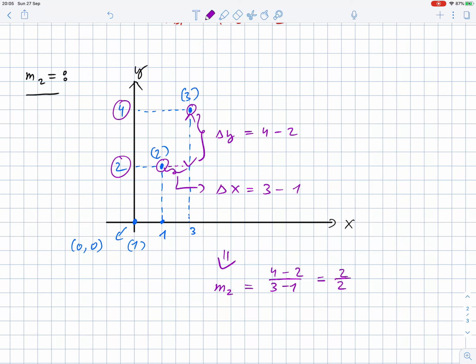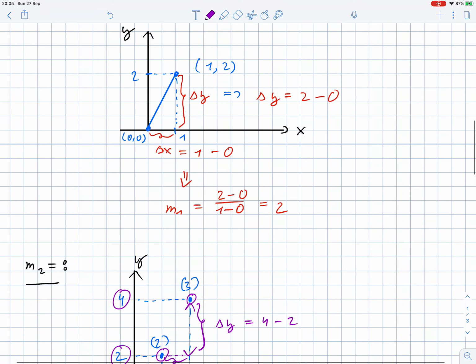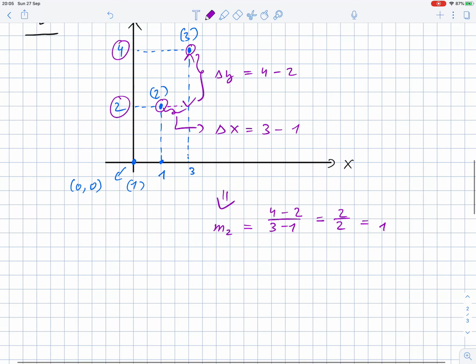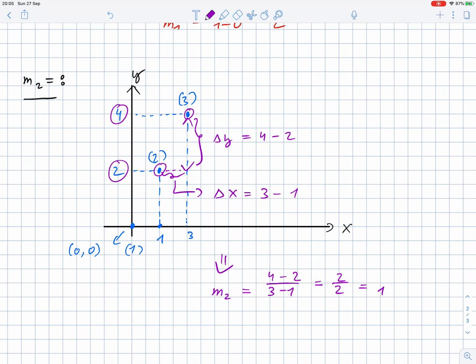We have 1. Wait a minute. How come I have a different value here? Oh, I'm sorry, there is a mistake. It's not 3, it's 2.